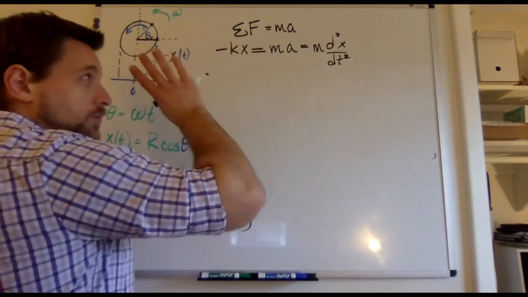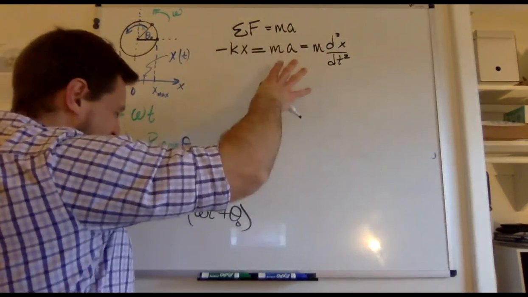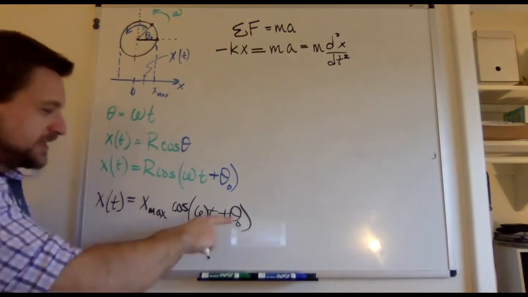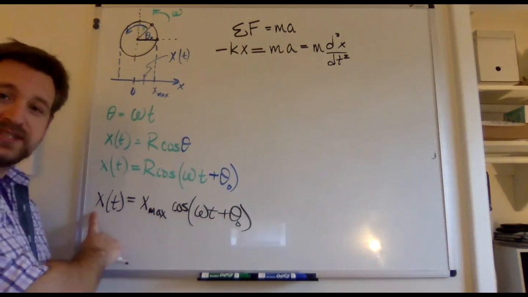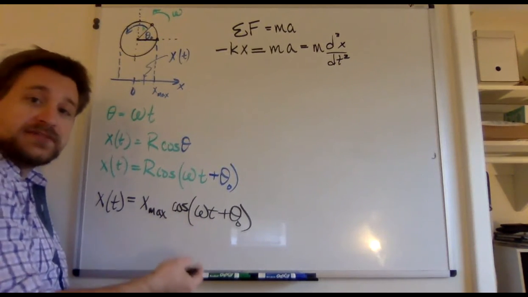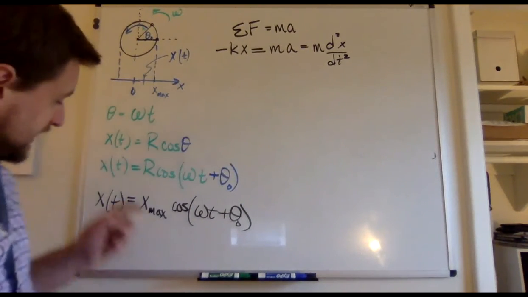But that's where we kind of stopped. But now we have a prototype. We've got a thing that is the x position as a function of time, a thing that we can take happily two derivatives of and plug it in here. Does it actually work?